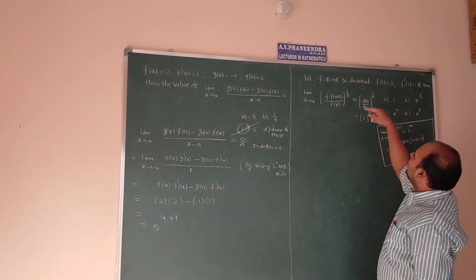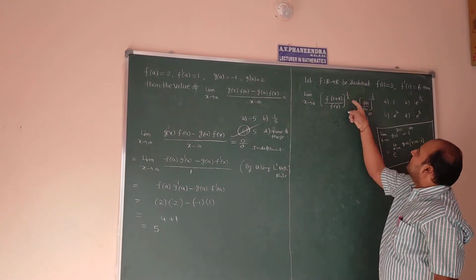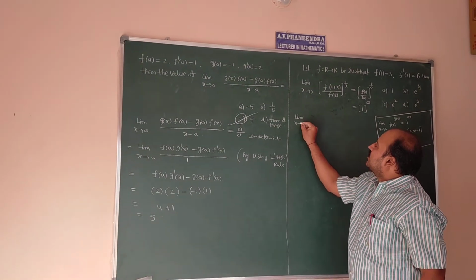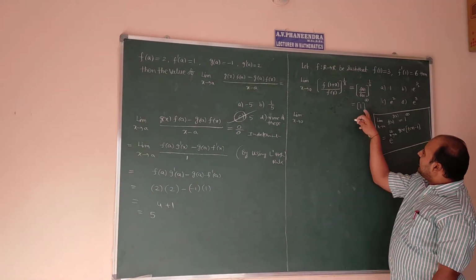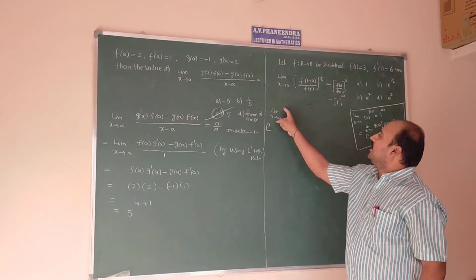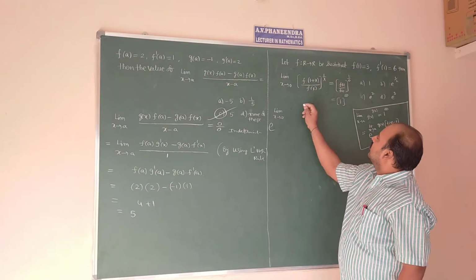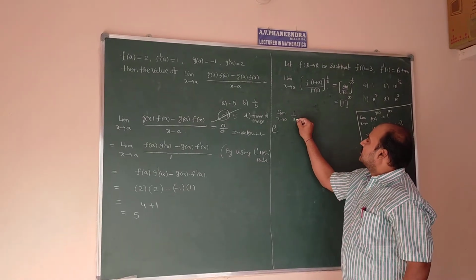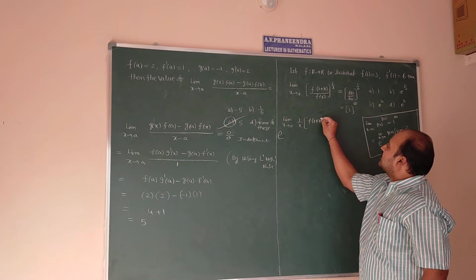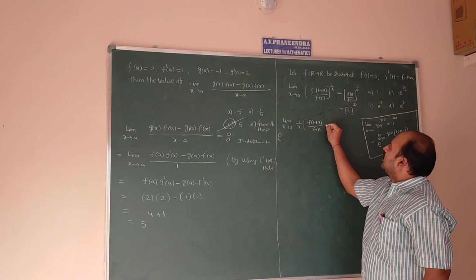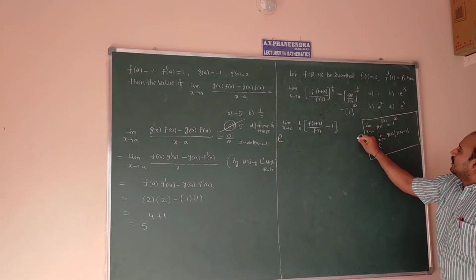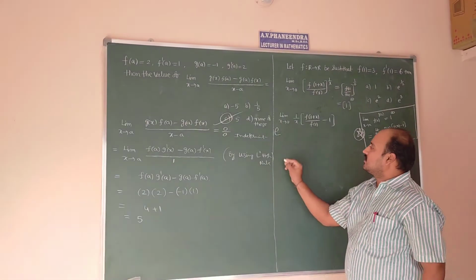Now limit x tends to 0, whenever it reaches 1 power infinity, first you have to write e power limit x tends to 0, g of x is 1 by x into f of x minus 1, which means f of 1 plus x by f of 1 minus 1. By applying this property, you have to write like this.